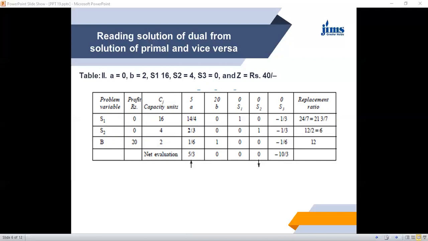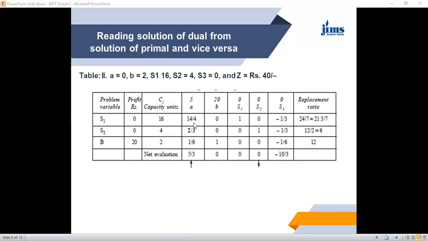So which one is the minimum value? The minimum value is this one, 64 by 14. So this 14 by 4 is the key number. It means A is being replaced by S1.